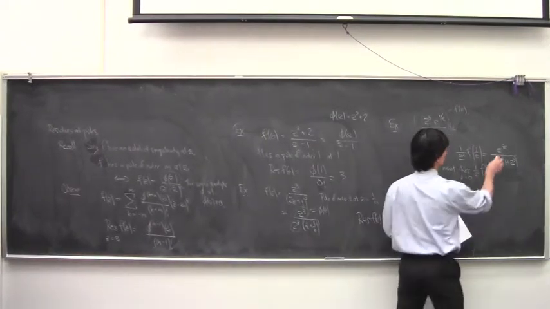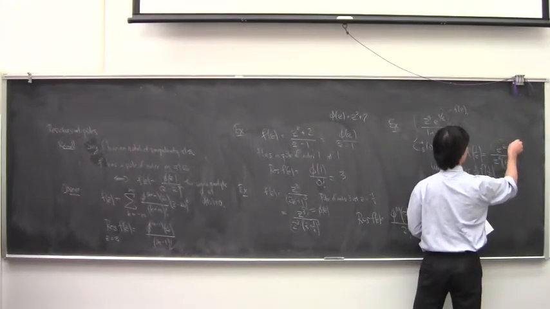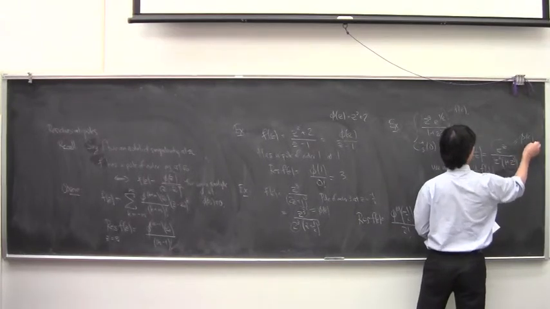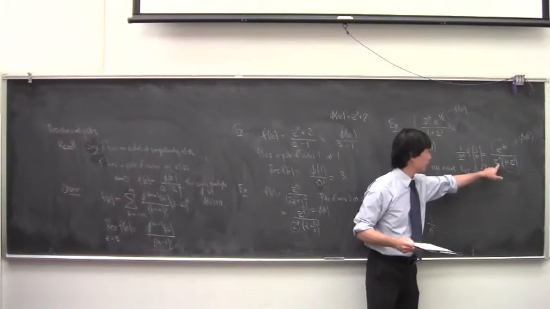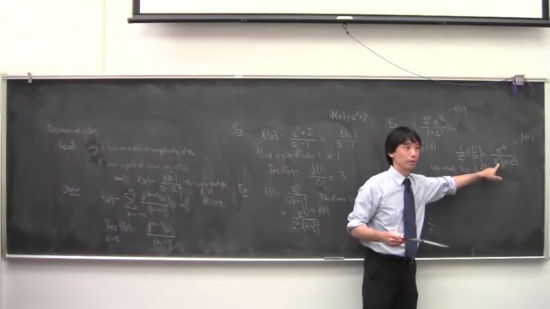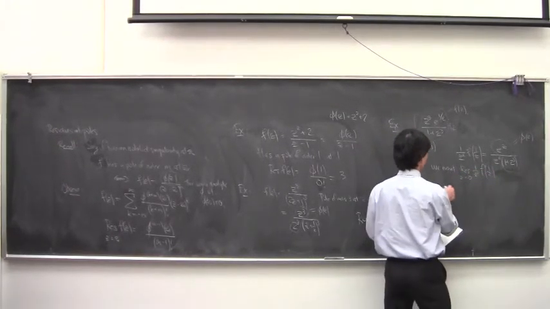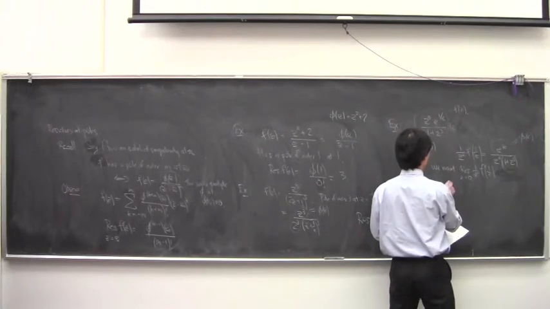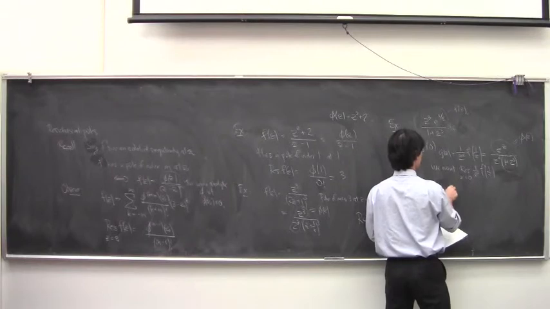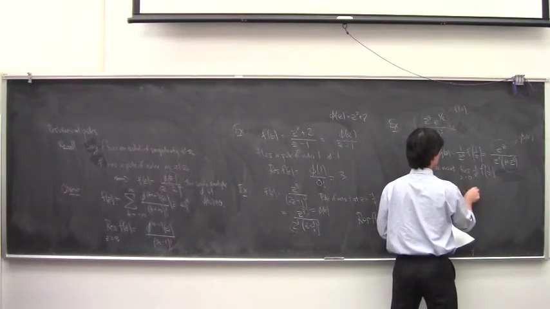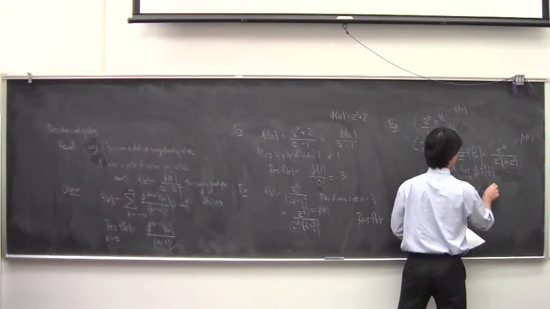And so we say, okay, I'm going to take this as my phi. And this thing, let's call it G, has a pole of order 2 at 0.